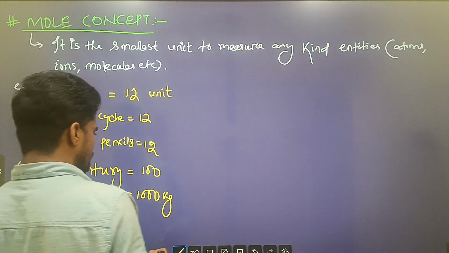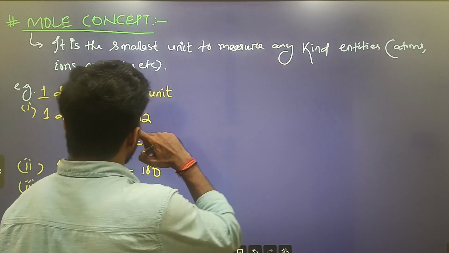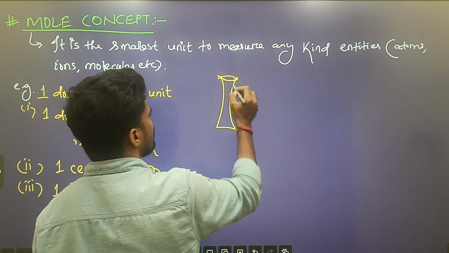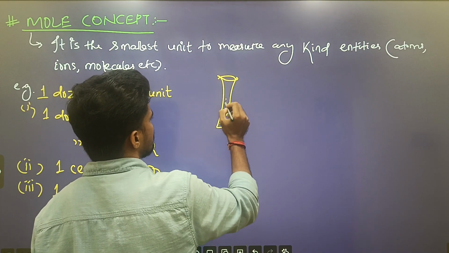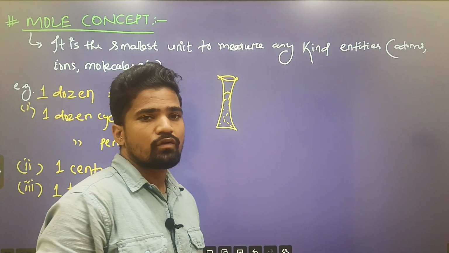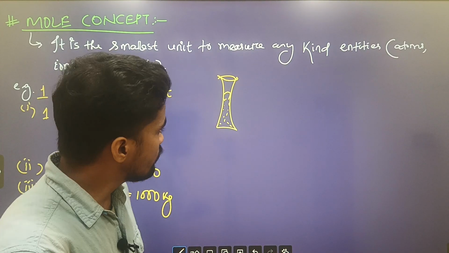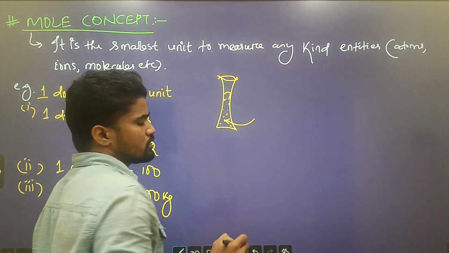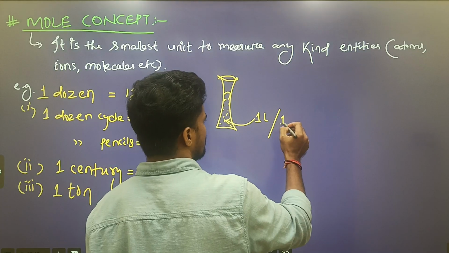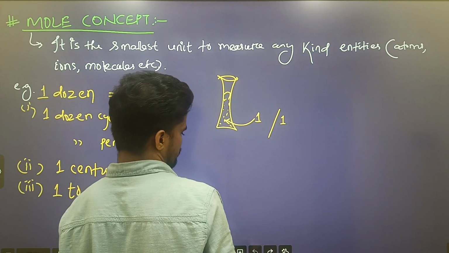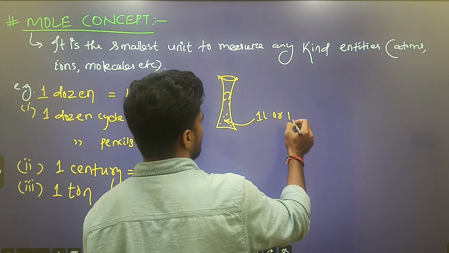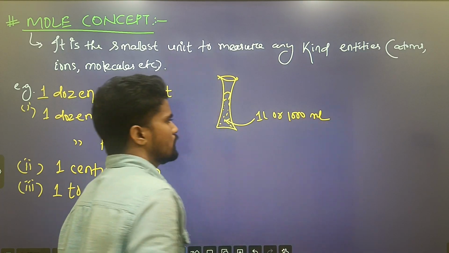And suppose in this water bottle, water is present. Can we say 1 kg or 2 kg of water is there? Liquid substance is always measured in liter or ml. We can say 1 liter or 1000 ml.